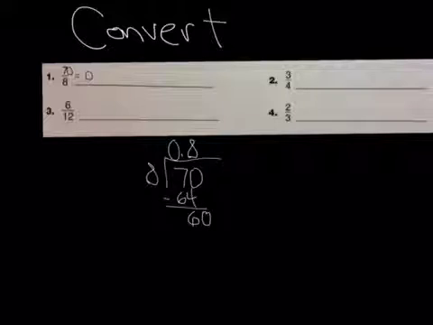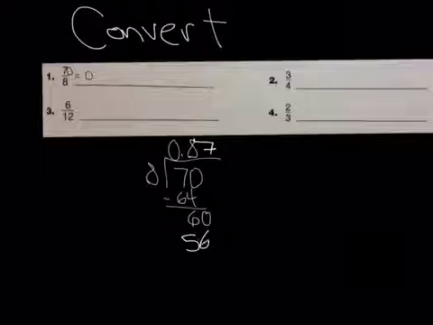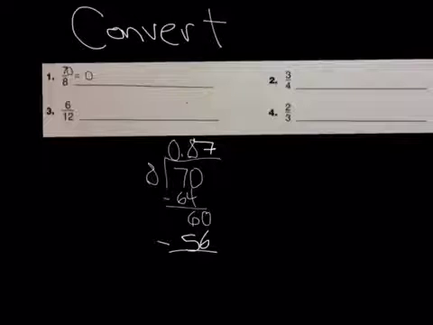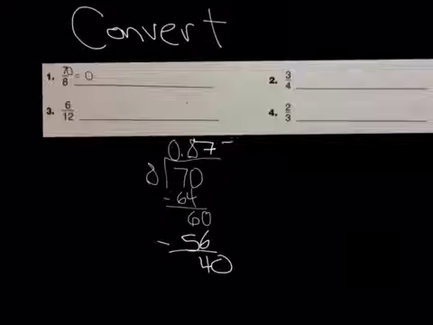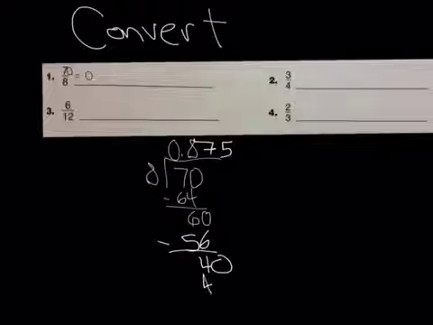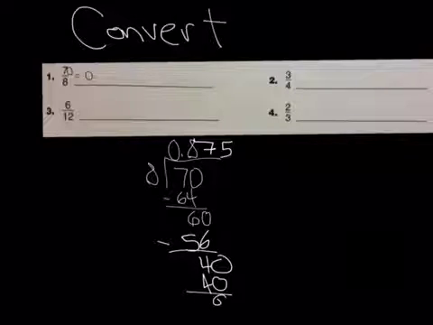We said there were 7. 8 times 7 is 56. We subtract that and we get a 4, and we make it a 40. And then 8 times 5 is 40. And there we got our 0. So there's your decimal, 0.875.